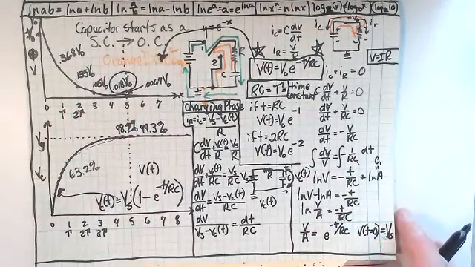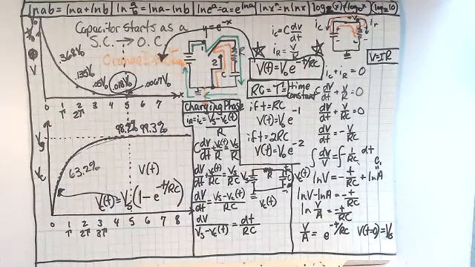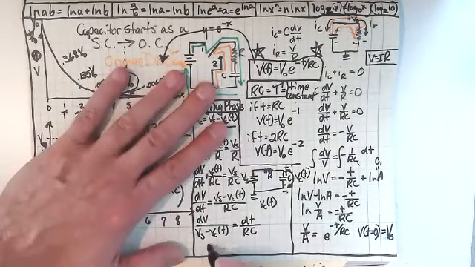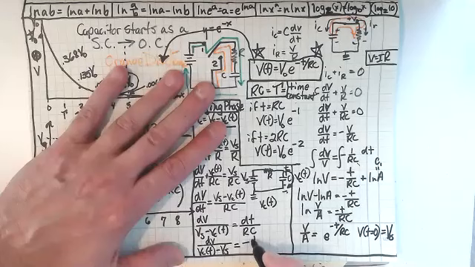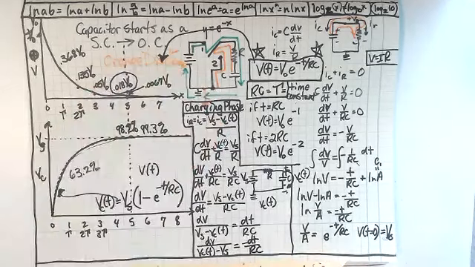I can always switch and negate these things in no time. So if I wanted to put a negative up there, all I would have to do is switch this around. So in fact, why don't I do that? Just to follow along with your book, I'll say dV over V sub C of t minus Vs equals minus dt over RC.